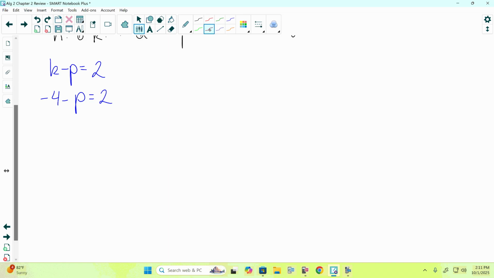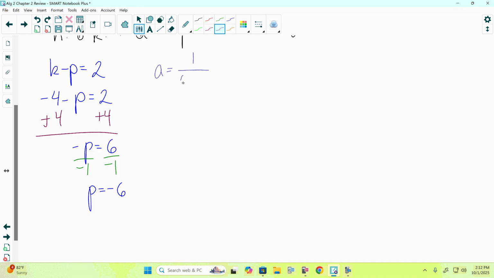Now the first thing we need to do here is add 4 to both sides, telling us that negative p is equal to 6. But we don't want to know what negative p is equal to. We want to know what positive p is equal to. So to do that, we divide both sides by -1, telling us p is equal to -6.